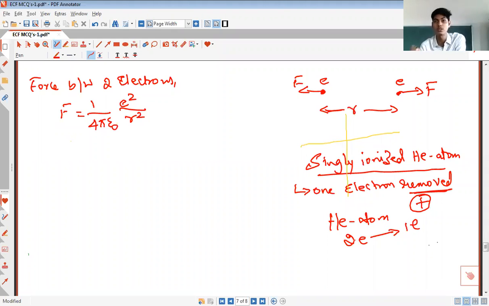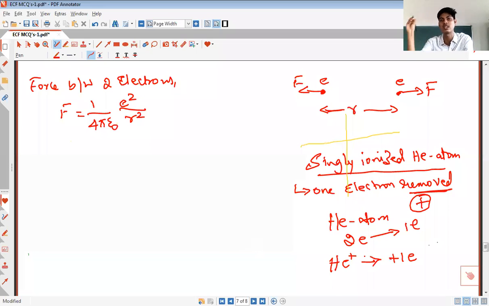How much positive charge does it acquire? The positive charge acquired will be equal to the amount of charge lost. As many electrons as go out, that much positive charge comes. So a singly ionized helium atom can be written like this, He plus. That is, a singly ionized helium atom has a positive charge of plus 1e. Remove one electron and you get plus 1e charge.